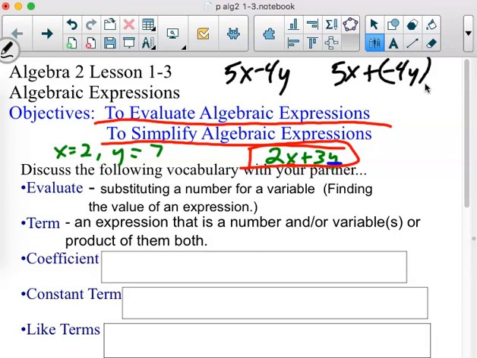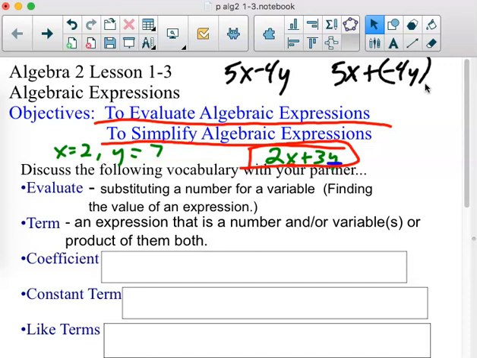Because if we're asked for a term, terms are always separated with addition. So that one would have two terms. The first term would be a 5x, and the second term would be a negative 4y. Terms are always described with addition. So an expression that is a number and/or variable or variables, product of them both, 5 times x is 5x.